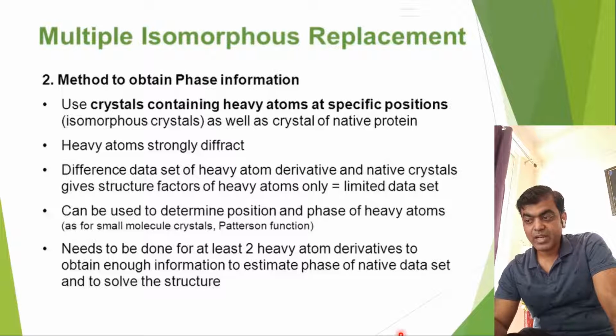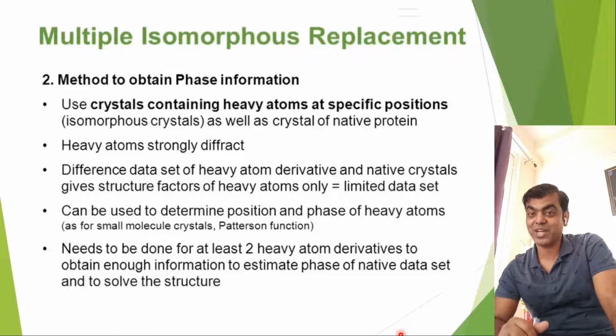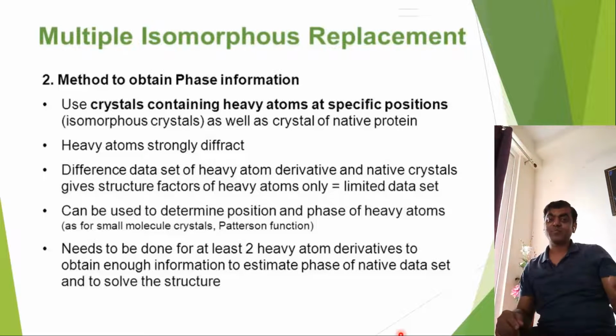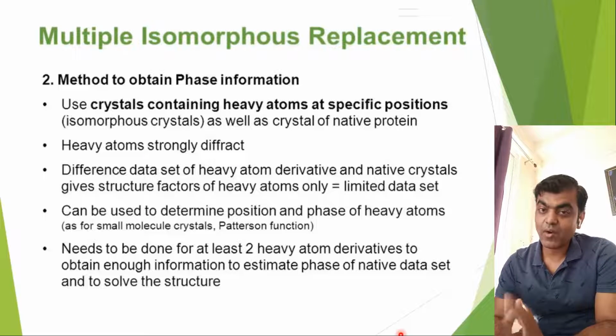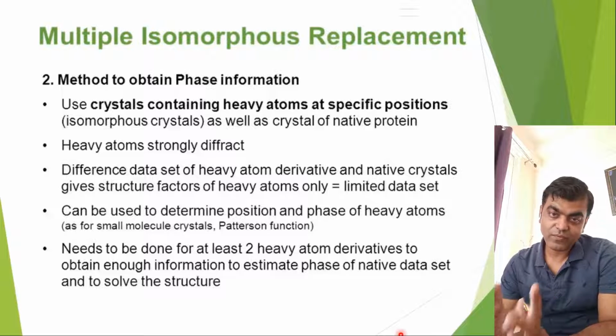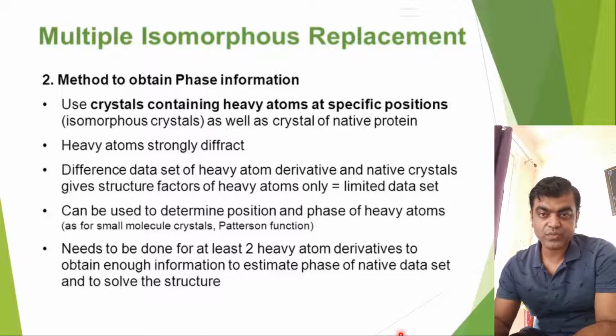So only the heavy atom signals I am left with, I am removing the rest of it. So I got it. Now can this information be used to determine the position and phase of heavy atoms? That's the challenge. Now see, our idea is to decipher the phase information. How are we going to do it? First, find a structure. What is the structure's F? What is the structure's phase?